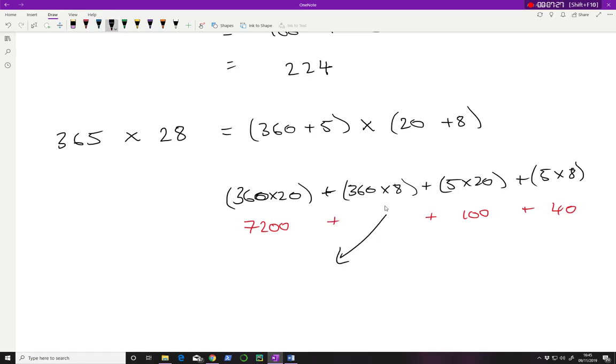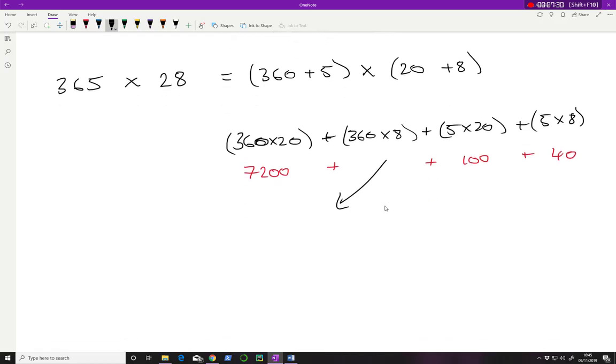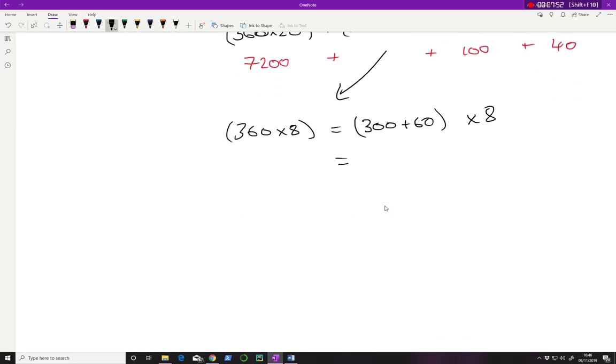So we are going to break this one apart. And you'll find that it's still the same type of situation where we just change that into another power of 10. So that's going to be 300 plus 60 all multiplied by 8. So at the end I have 300 times 8 in brackets plus 60 times 8 in brackets.